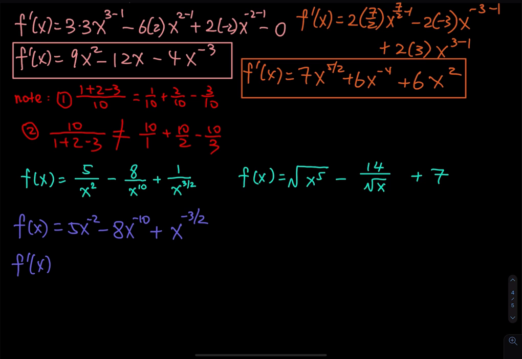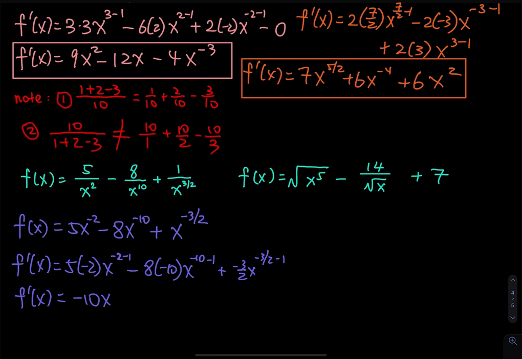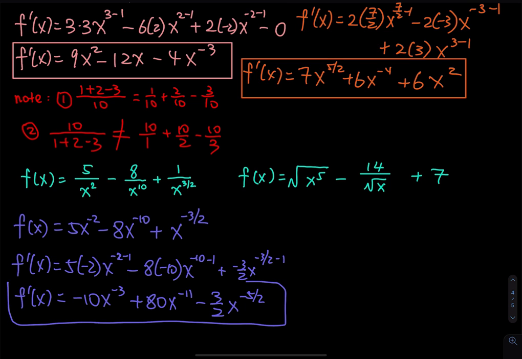F prime, 5 times negative 2, negative 2 minus 1, and then 8 times negative 10, and then negative 10 minus 1, and then plus negative 3 over 2, and then negative 3 over 2 minus 1. So we have f prime of x equal to negative 10x raised to the negative 3, and then plus 80x to the negative 11, and then minus 3 over 2 x to the negative 5 over 2. So that's just one.